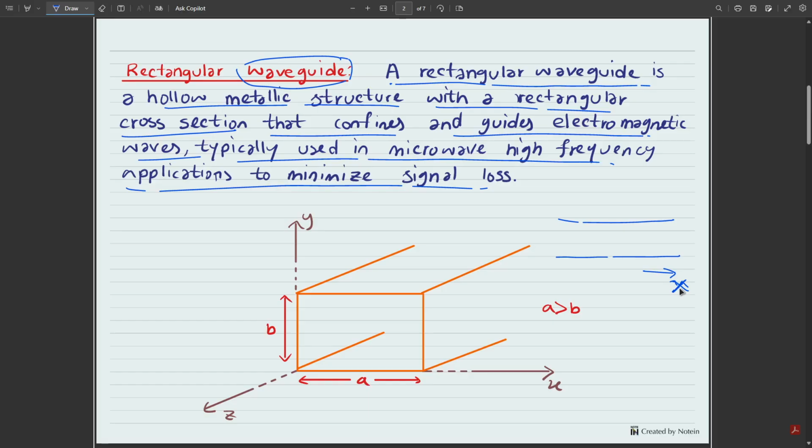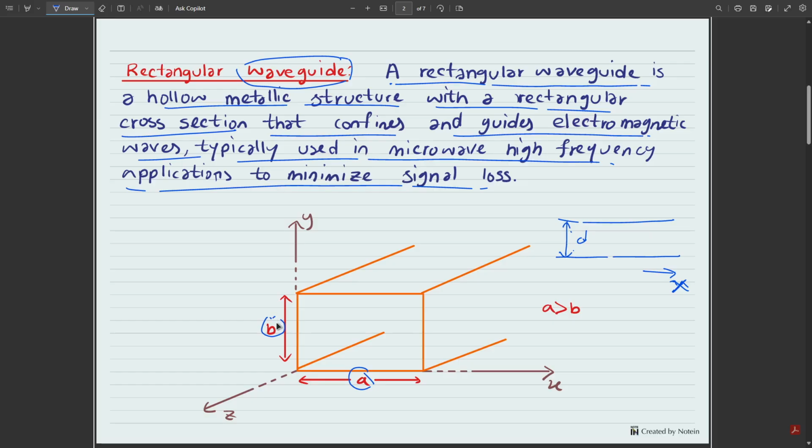But in the y-axis we have a finite difference between the plates, that was called d. In case of the parallel plate waveguide, in the x direction it was infinite, but the difference in the rectangular waveguide is that in both directions x and y, the lengths a and b are finite. These are not infinite anymore.